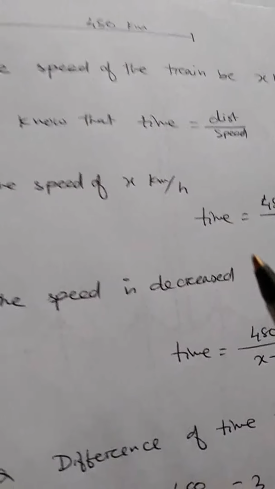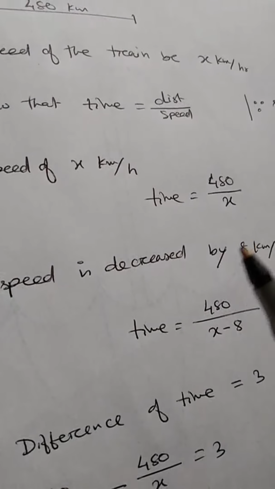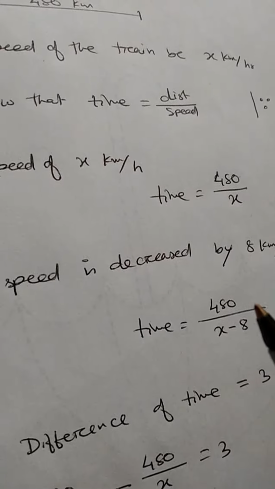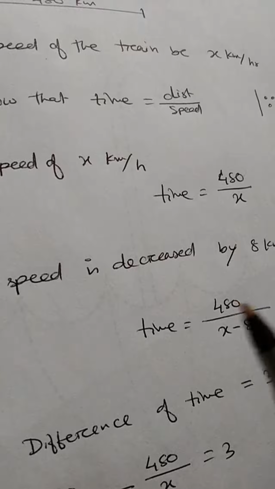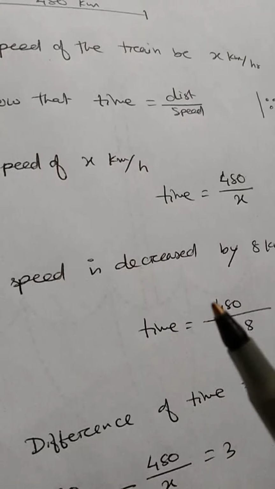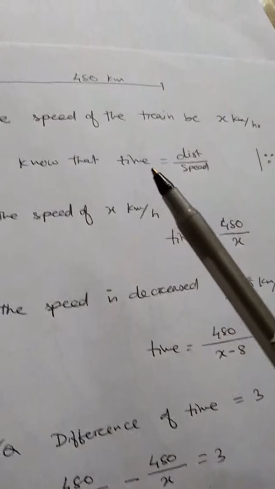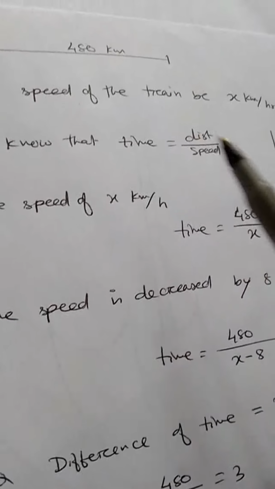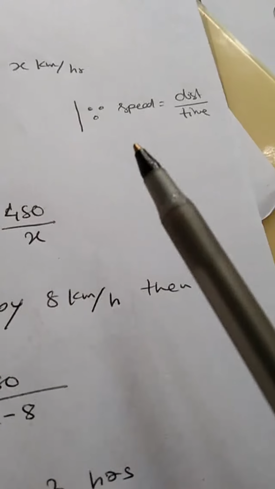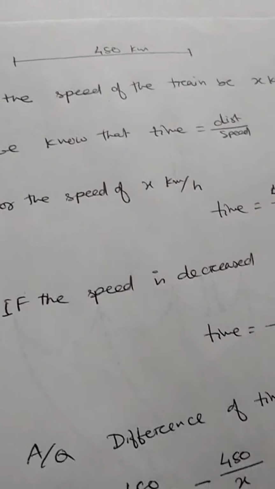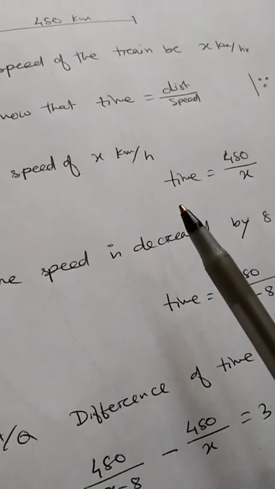So if speed is increased, then we'll have to add the increase to the earlier speed, and if it is decreased, then we have to subtract. And we'll use here this formula, time equal to distance by speed, because speed is distance by time. So using this we can get the usual time.